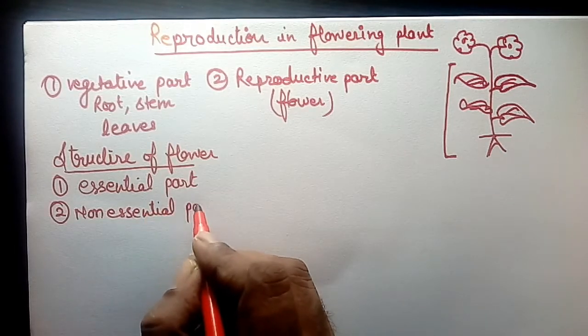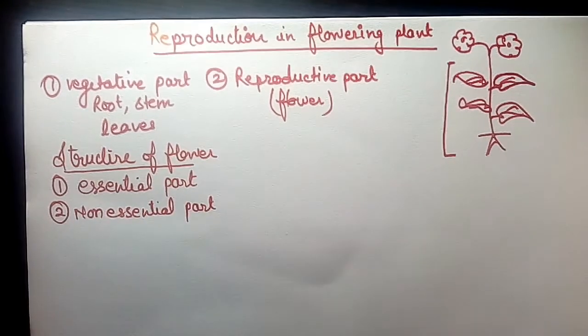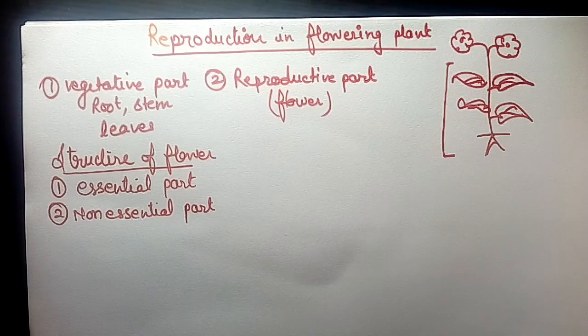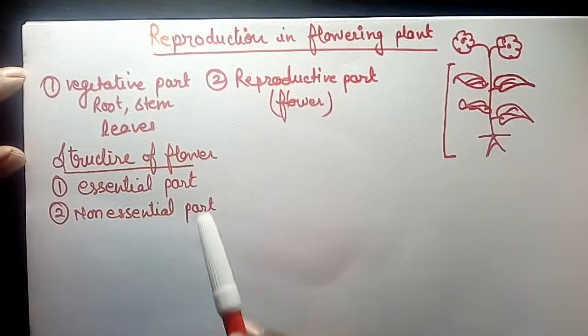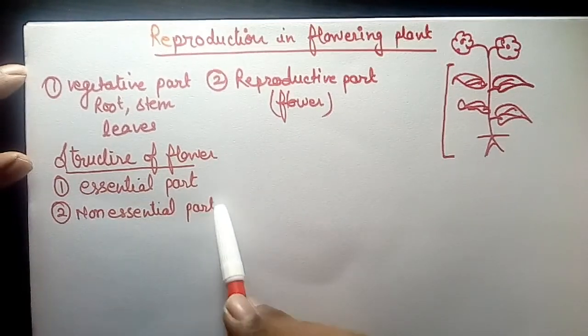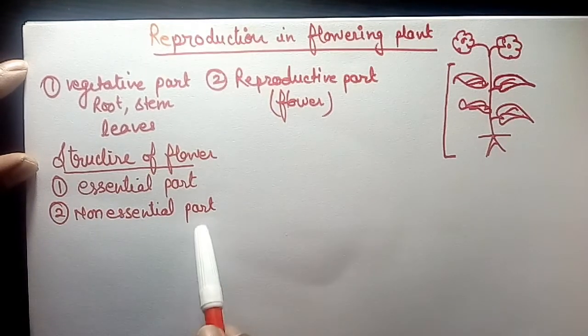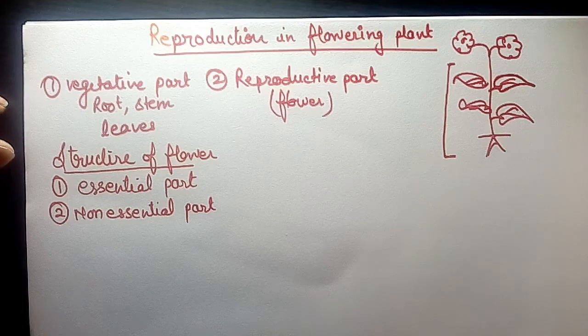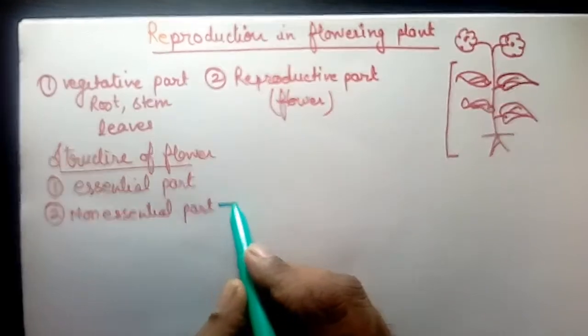Why is it called non-essential? What is called essential? It means those parts which help in the reproduction. This is called the essential part. Those parts which are not directly involved in the reproduction process are called the non-essential part. So what are the parts which are directly involved in the reproduction process and what are the parts which are not directly involved?